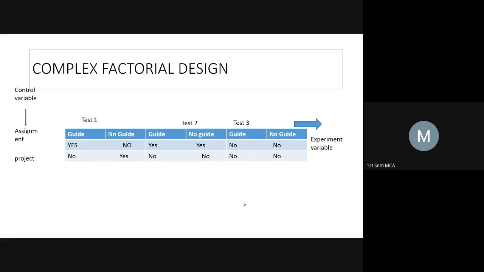And again in each factor, I have 2 levels, guide and no guide. For the assignment, whether I have guided or not. Again for test 2, guide and no guide. So for each assignment, whether faculty is guiding or not.